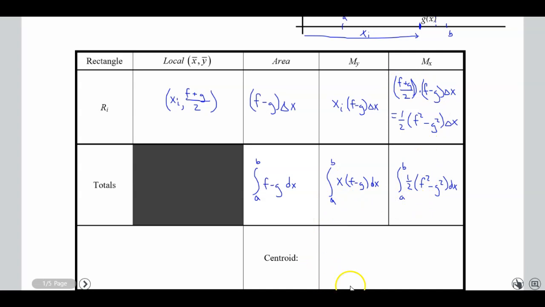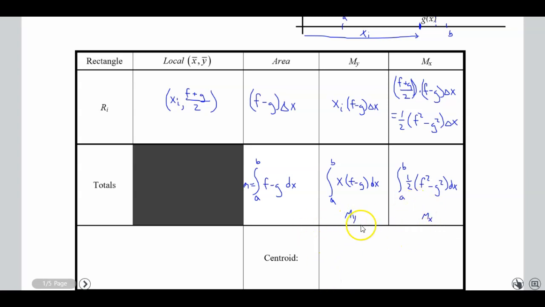The centroid's going to be the same deal. So this is my area or my mass, whichever way you want to think of it. So you could say either m or area for that guy. This is going to be my my on this one. So this is my m, and this is my moment about the x-axis, my mx.